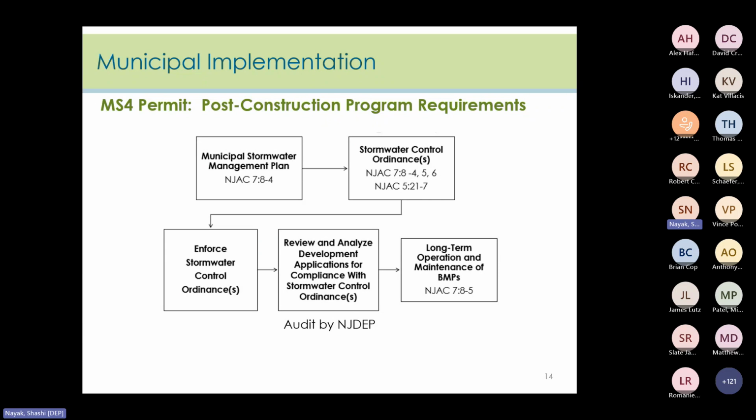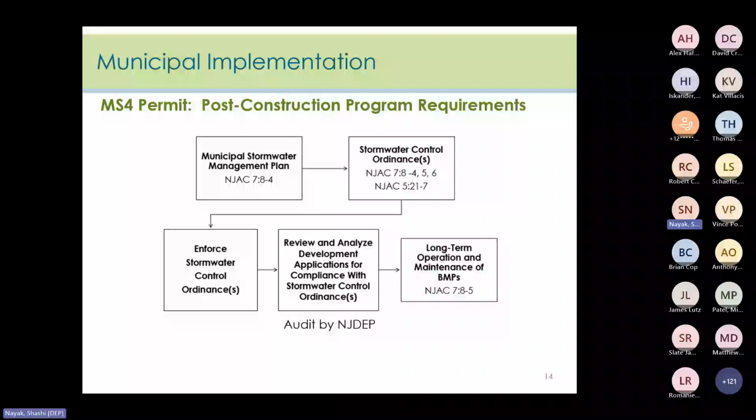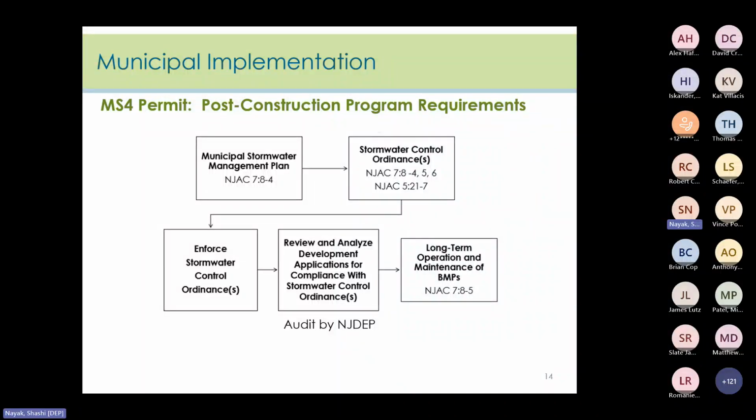Now, let's look at the lower tier of boxes on this slide. The municipality must enforce their own SCO, review applications for compliance with their own SCO, ensure long-term operation of BMPs, and must make sure required maintenance is performed, which for municipalities also includes privately owned facilities.